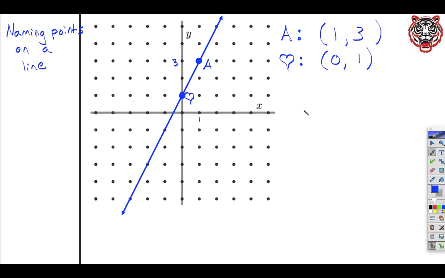What I want you to do right now in your own notes is label 2 other points on this line. So I can give a few more examples here. It doesn't matter how you label them, like if you label them happy face, B, Z, whatever.